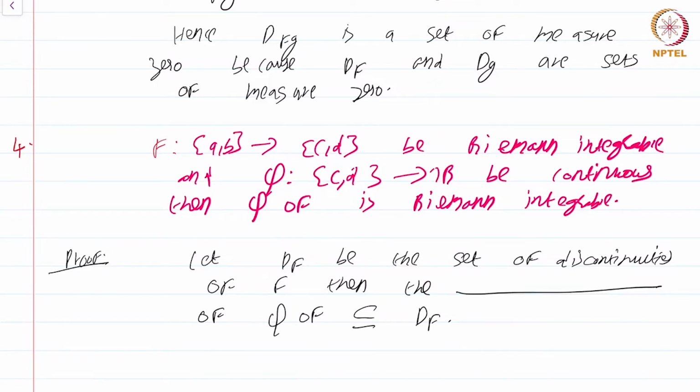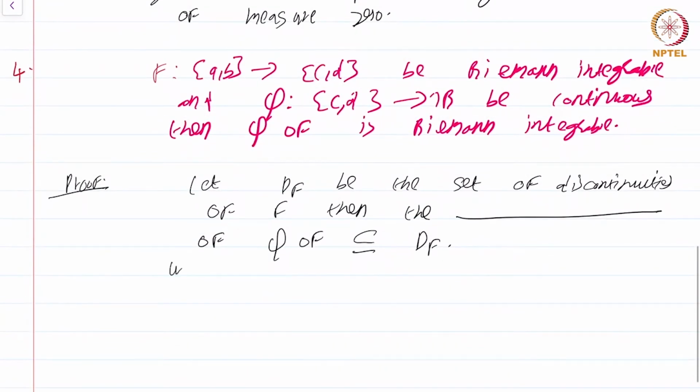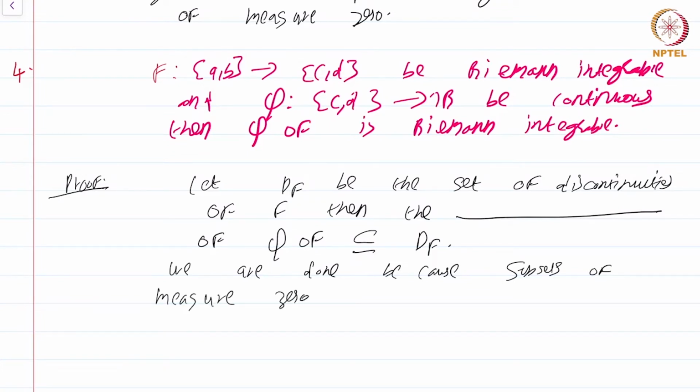So if you take a point of continuity of f, then phi composed with f will automatically be continuous at that point. Therefore, the set of discontinuities of phi composed with f will be a subset of D_f. Again, think why I write subset and not equal to. Okay, and we are done. We are done because subsets of measure 0 sets are measure 0, for the same reason as the previous.